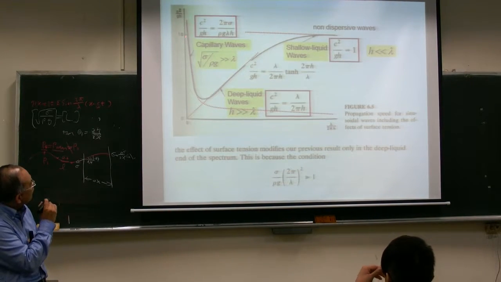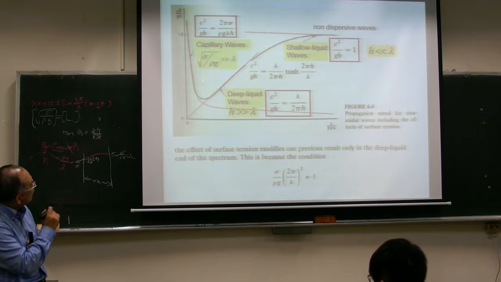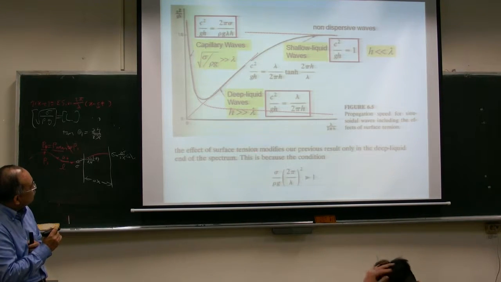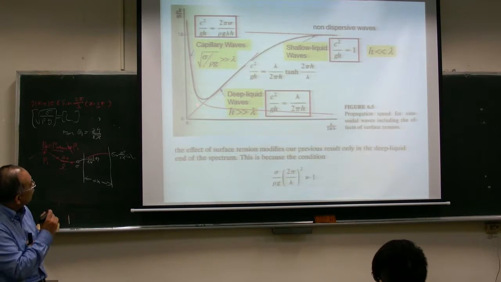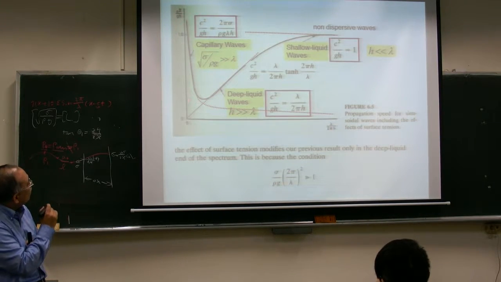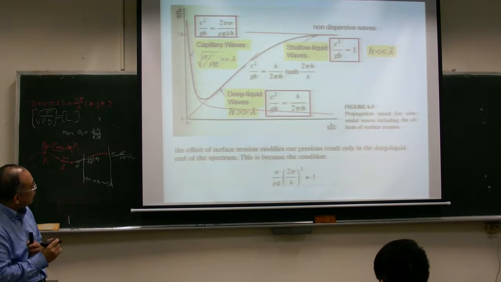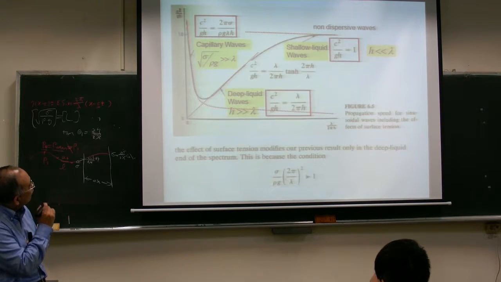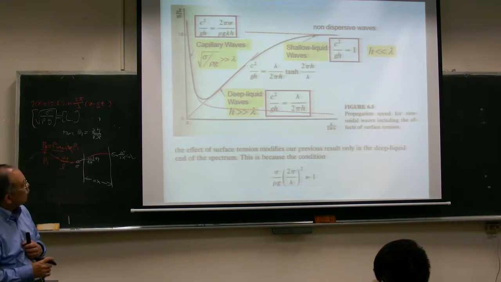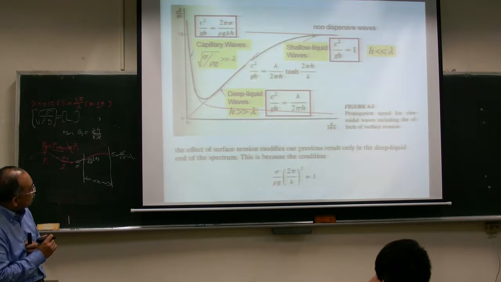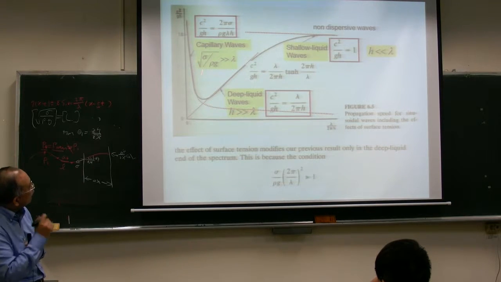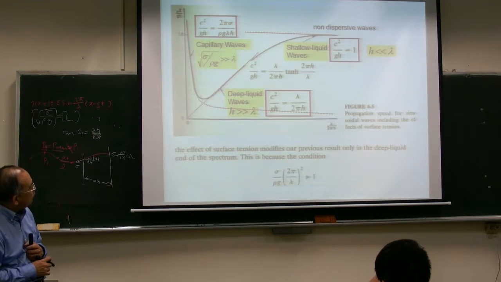Since considering surface tension only modifies here, the effect of surface tension is modified only in the deep liquid wave region. Under this condition we can modify this, and the rest should be the same. Only by considering surface tension under this condition do we have an effect on our dispersion relation.